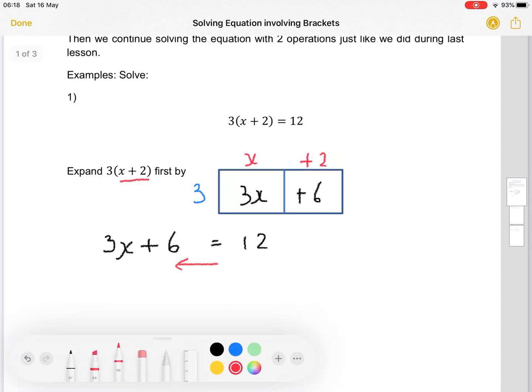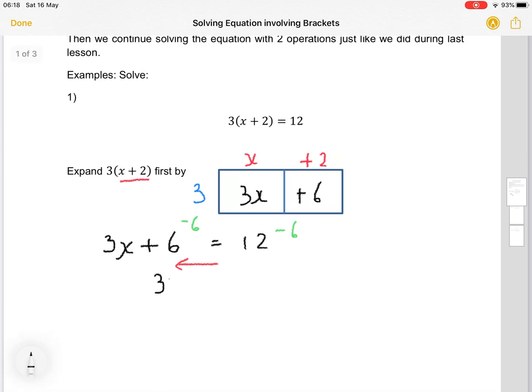Okay, so we're going to remove that plus 6 first by subtracting 6 from each side, all right? We end up with 3x plus 6 minus 6 is 3x, okay? Is equal to 12 minus 6 is 6.